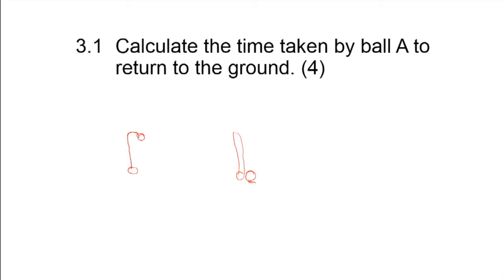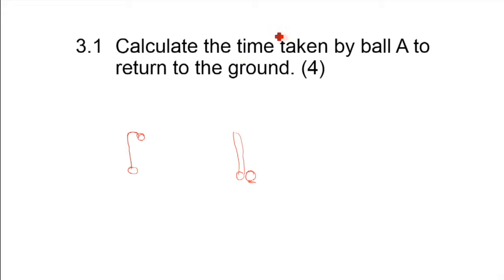Very important. When we are talking about projectile motion, we always have to indicate direction when we solve problems. Right, now let us calculate the time taken by ball A to return to the ground. Which formula or equation can we use?